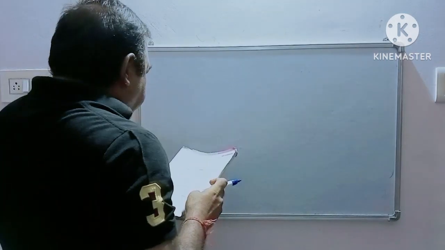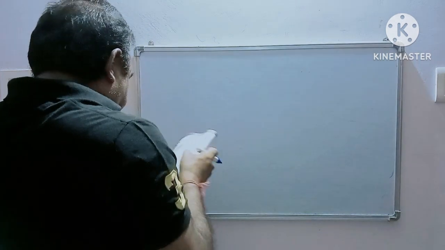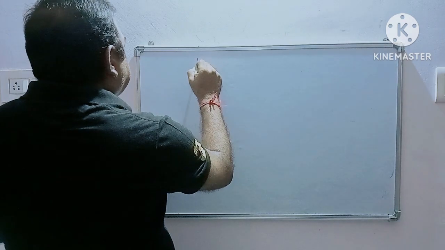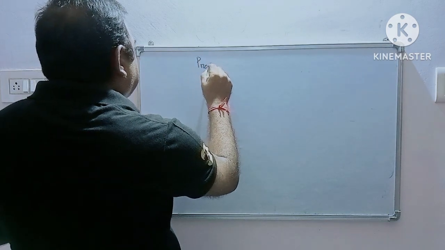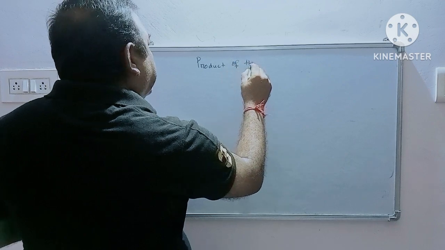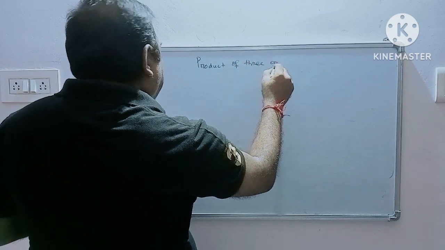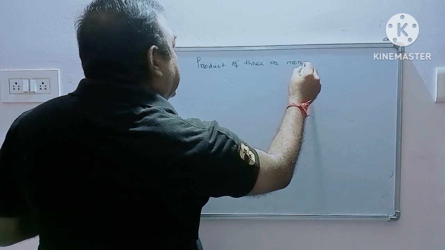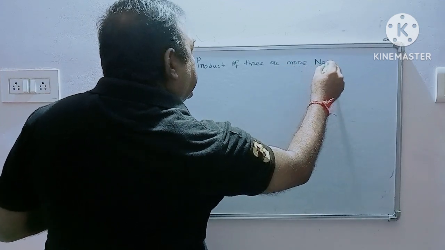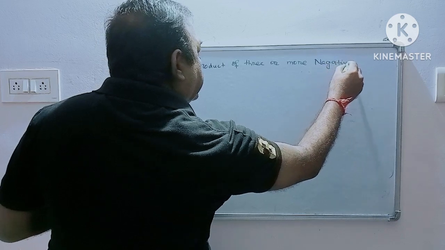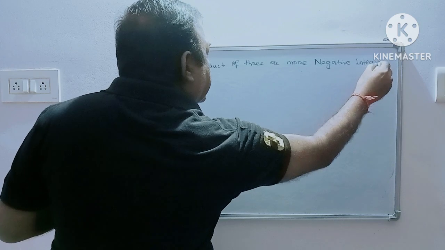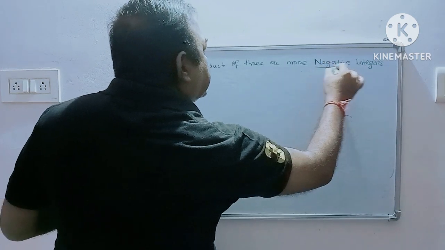And in your NCERT book, product of three or more negative integers. You know the negative integers.